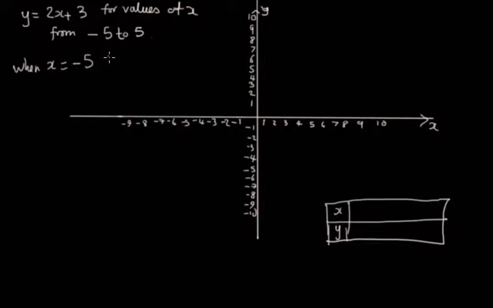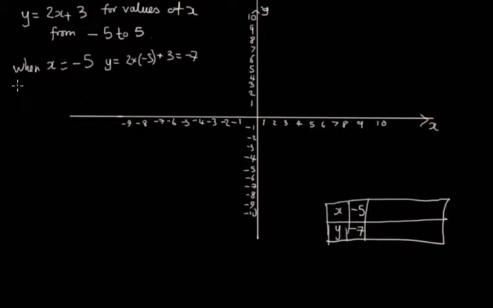So y is going to equal 2 times x, and we put the -5 in brackets so we don't think it is subtraction, that this is a -5, not a takeaway, and then add 3. So we work that out and we'll get a value for y of -7. So our first number is when x is -5, y is -7.